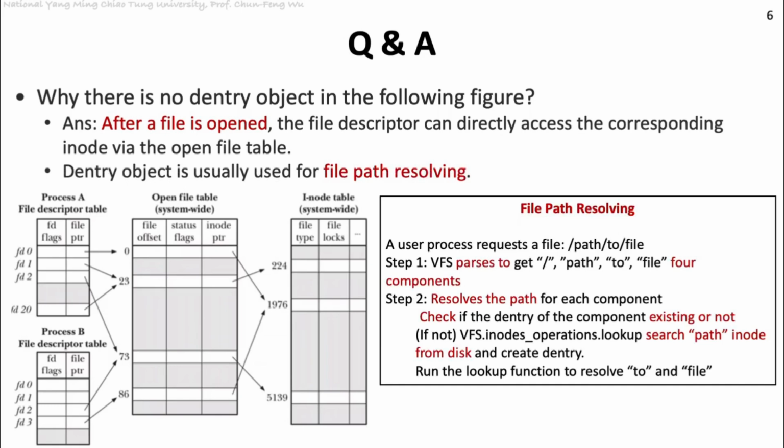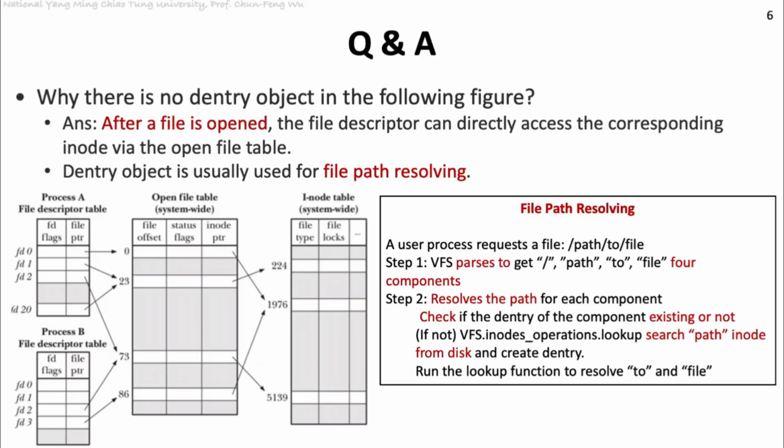When we accelerate file path resolving, which we introduced last week, we loop through the entry objects, and if the entry is already in memory, then we can reuse it. If not, we run the path resolving by doing some operations using the entry object.